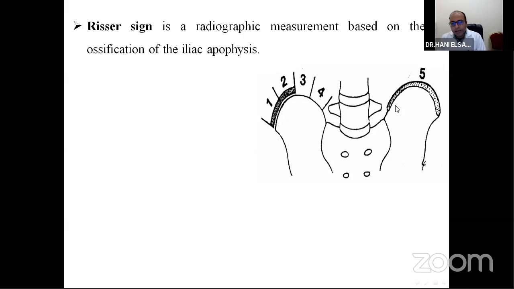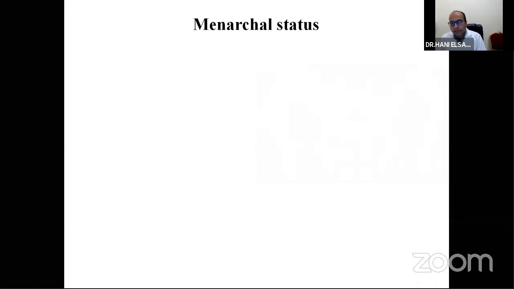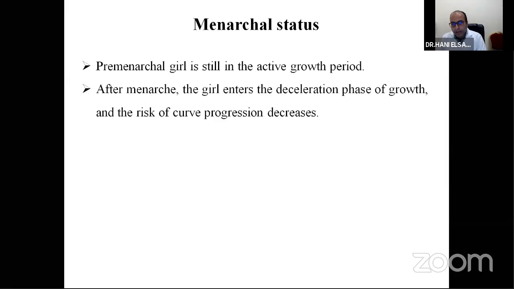In the earlier stages, stage 1 or 2, the risk of progression is 50%. When we pass stage 2, the risk decreases to less than 20%. Menarchal status: a pre-menarchal girl is still in the active growth period. After menarche, the girl enters the deceleration phase of growth, and the risk of progression decreases.